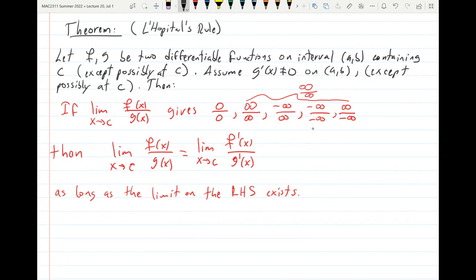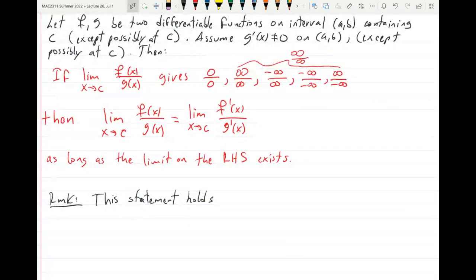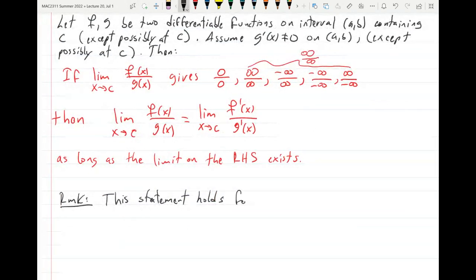So, remark, this statement holds for x approaching c from the right, x approaching c from the left, and also x approaching positive or negative infinity.